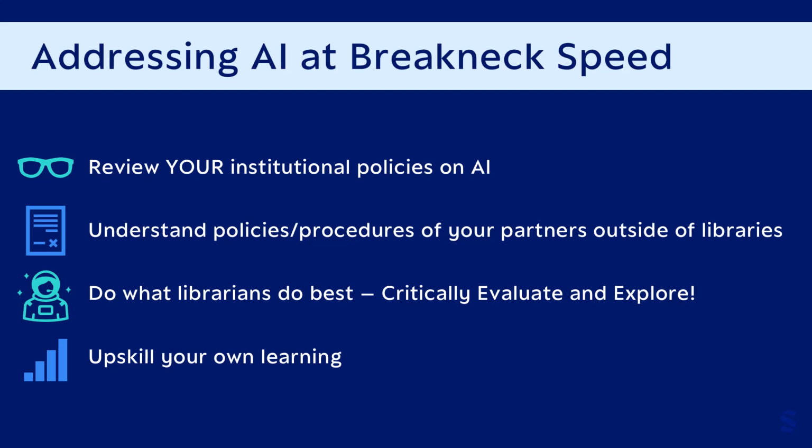These might be changing rapidly too, so you might want to consider setting an alert for changes or bookmarking the page and referring to it frequently. There might be more than one policy, and it's possible your campus or library network has a policy and your individual library or department does too. Ask the questions you need to know which materials you should be keeping up with.